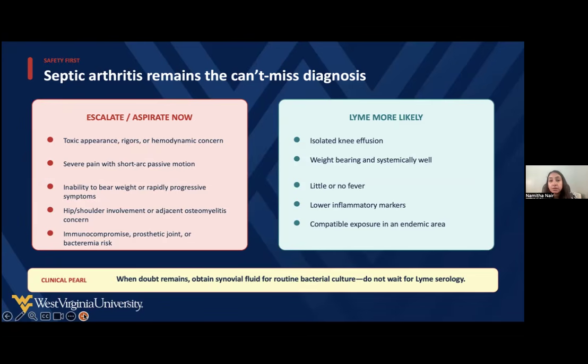Also in immunocompromised patients, or patients who have a prosthetic joint or dialysis lines in, raising concerns for bacteremia. In those situations, it is fair to consider an arthrocentesis. If you end up aspirating the joint, you can get synovial fluid for analysis, and then you can send the Lyme's PCR. So that is also a diagnostic possibility.